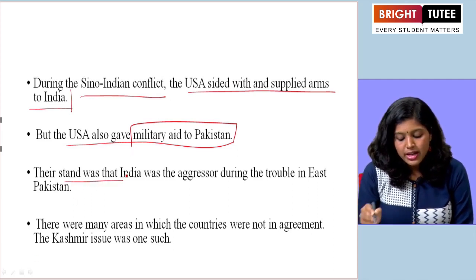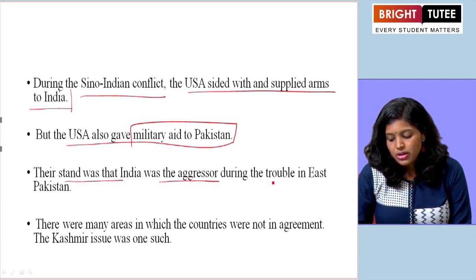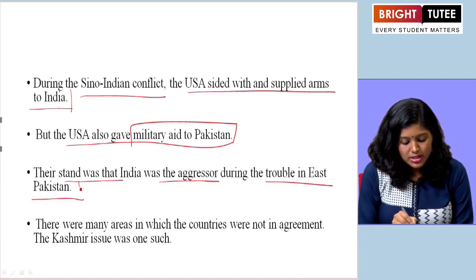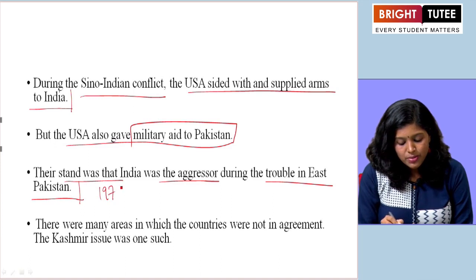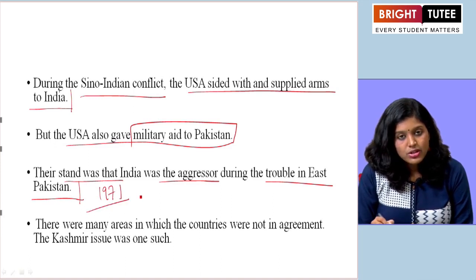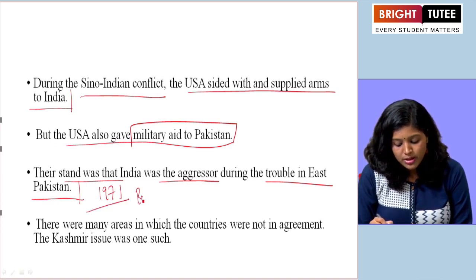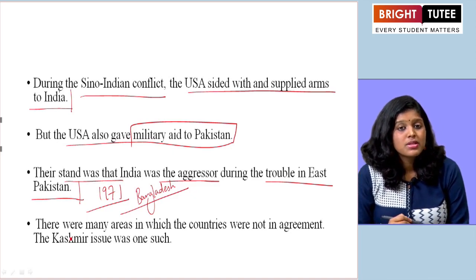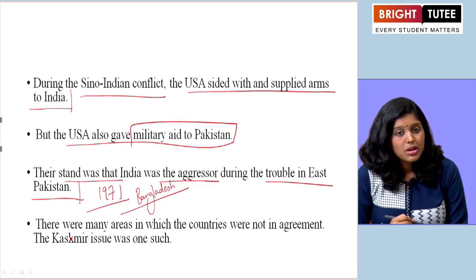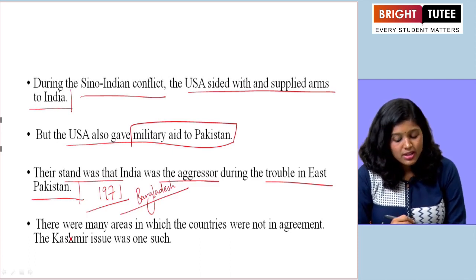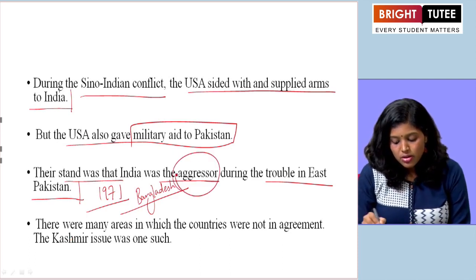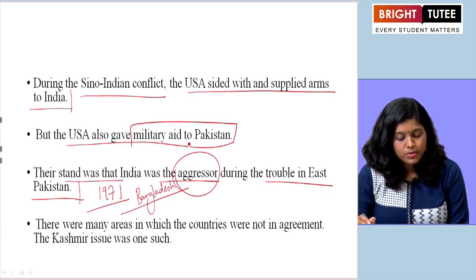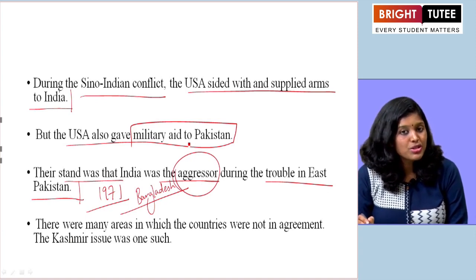Their stand was that India was the aggressor during the trouble in East Pakistan. In 1971, during the events which led to the formation of Bangladesh, when India intervened, the USA supported Pakistan and gave them arms and weapons, because the USA felt that India was the aggressor and was wrong to intervene in the affairs of Pakistan.